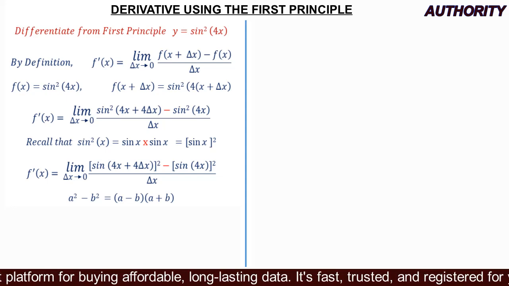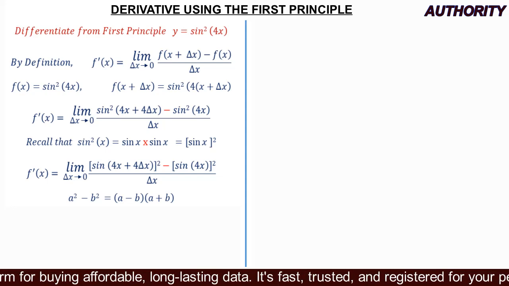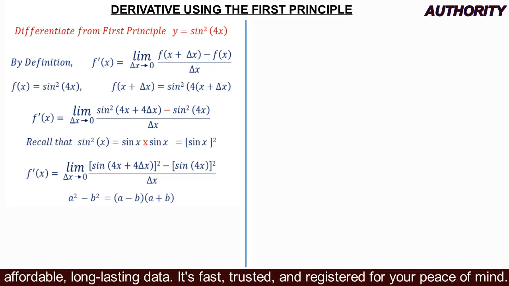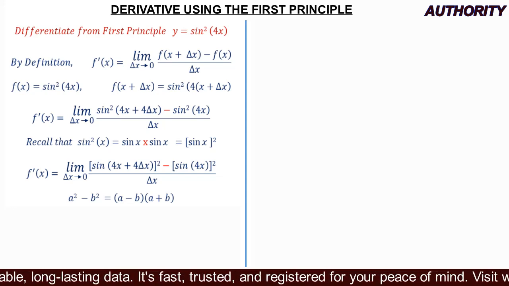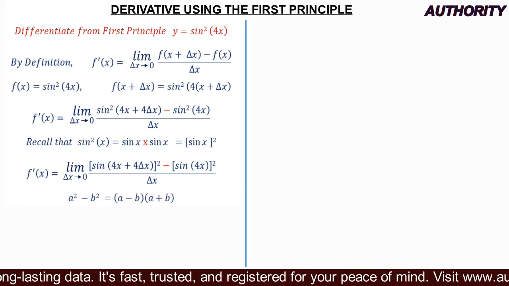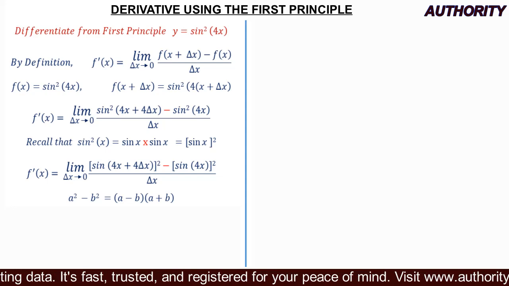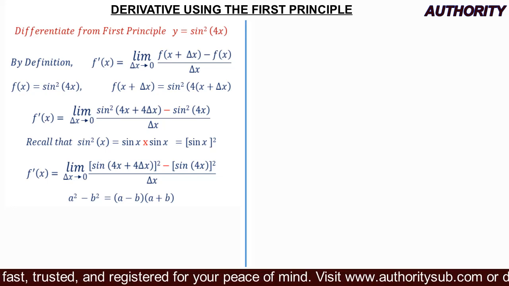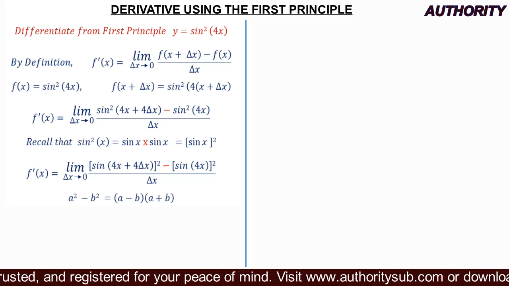That is our dream. So here we have [sin(4x + 4 change in x)] squared minus [sin 4x] squared. We want to remove this square and make it linear without losing our values.